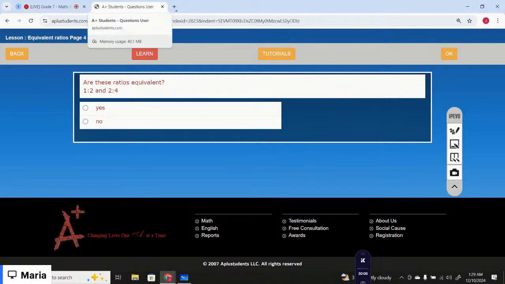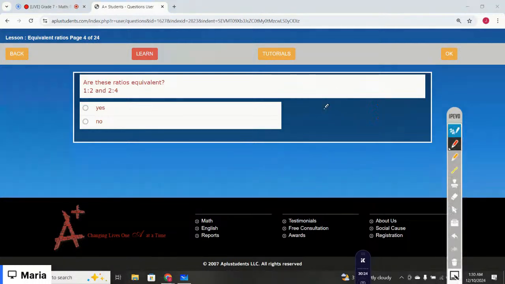Are these ratios equivalent? That is 1 to 2 and 2 to 4. So which is the correct option? That is 1 times 4 equals 2 times 2. 4 times 1 is 4 and 2 times 2 is 4.